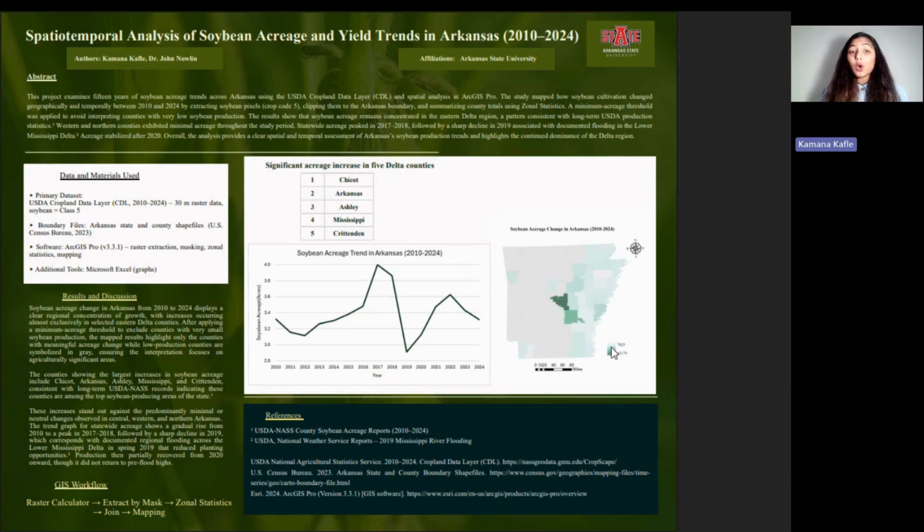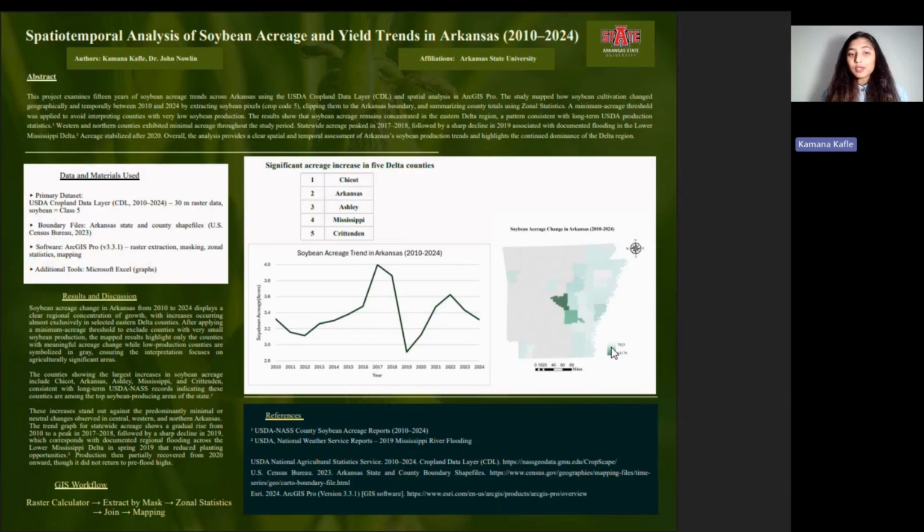These counties are all located in the eastern Delta region, which has historically been a major soybean-producing area according to USDA NASS records. On the map, these counties appear in darker green, indicating higher increases compared to the rest of the state.